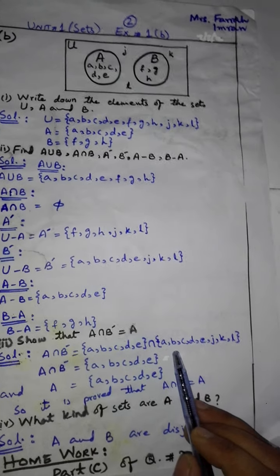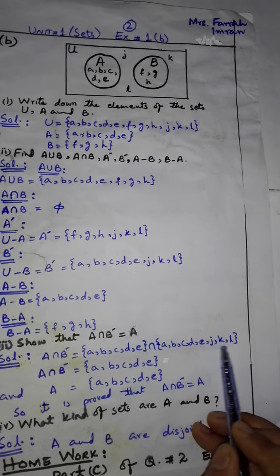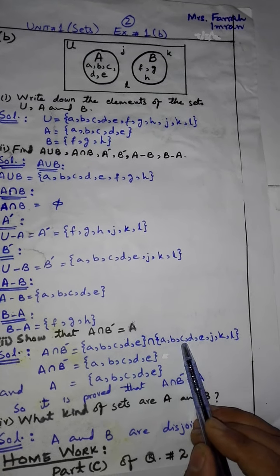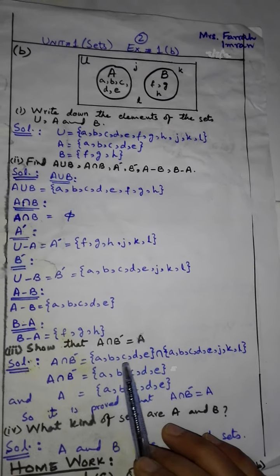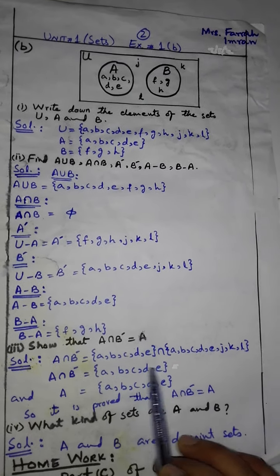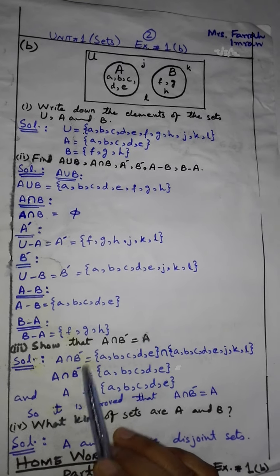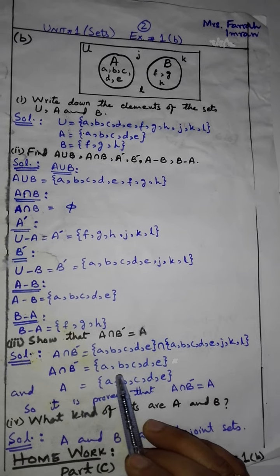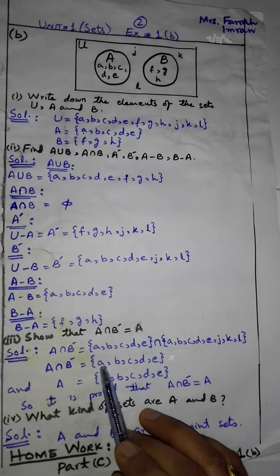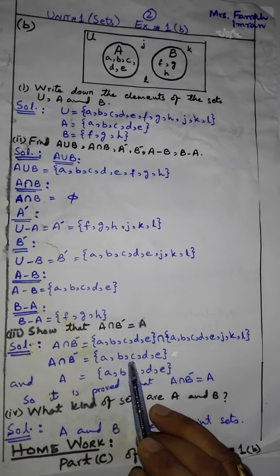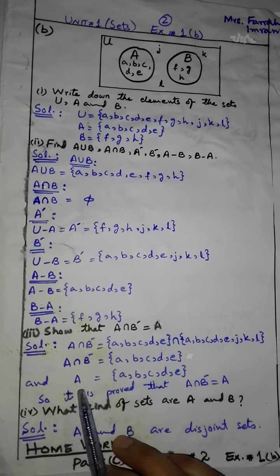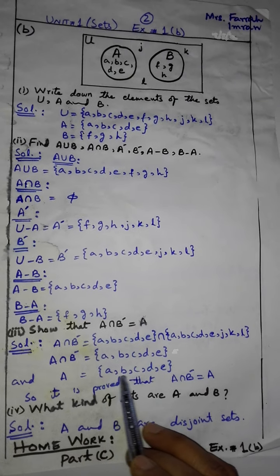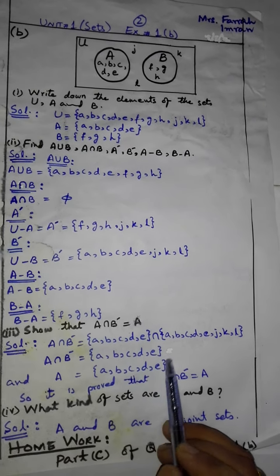Now we write here the elements of B complement: A, B, C, D, E, J, K, L. Now we write here the common elements of A intersection B complement. So the common elements are A, B, C, D, E. The elements of A are A, B, C, D, E. Look at here.